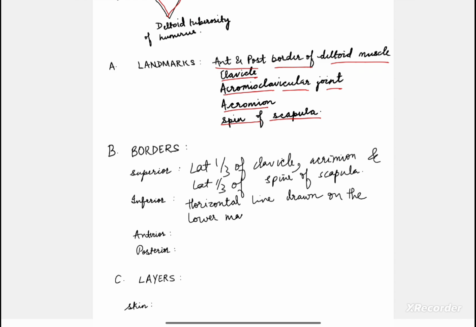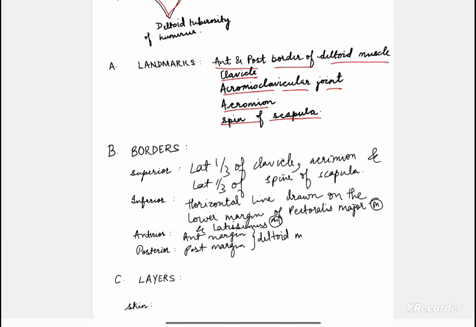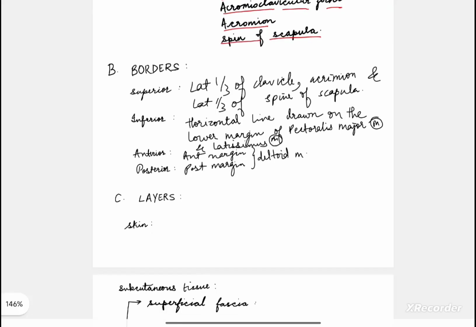Now in the anterior and posterior region, just remember the anterior margin of the deltoid muscle and the posterior margin of the deltoid muscle. Okay.